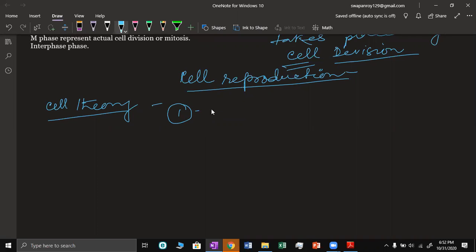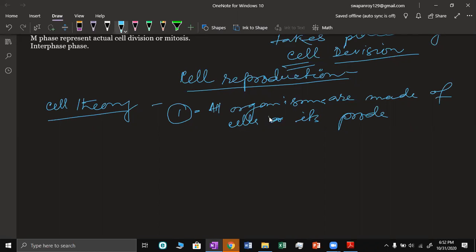One is that cells are the structural and functional unit of all living organisms, that all organisms are made of cells and cell products.